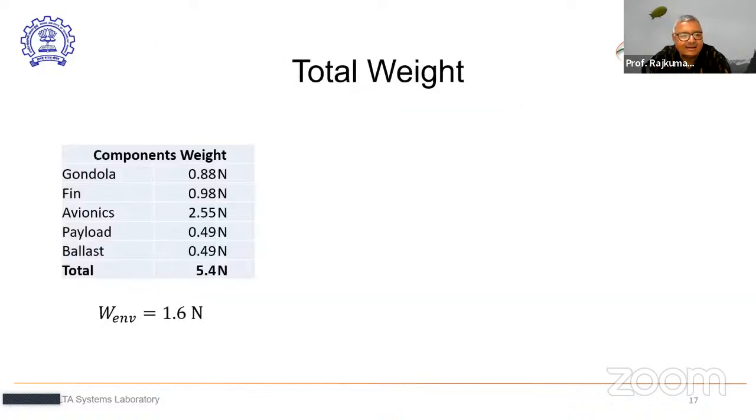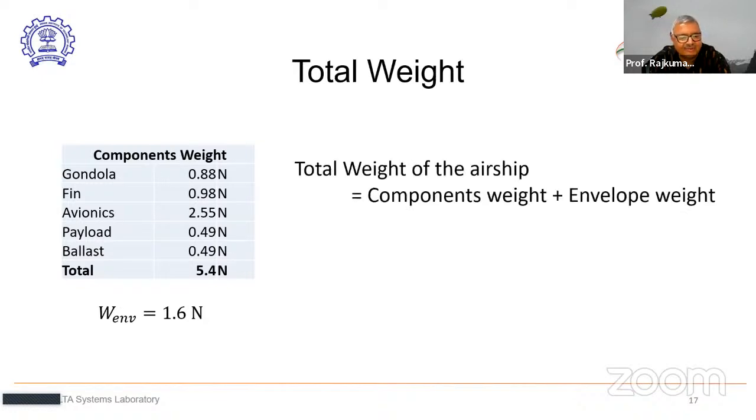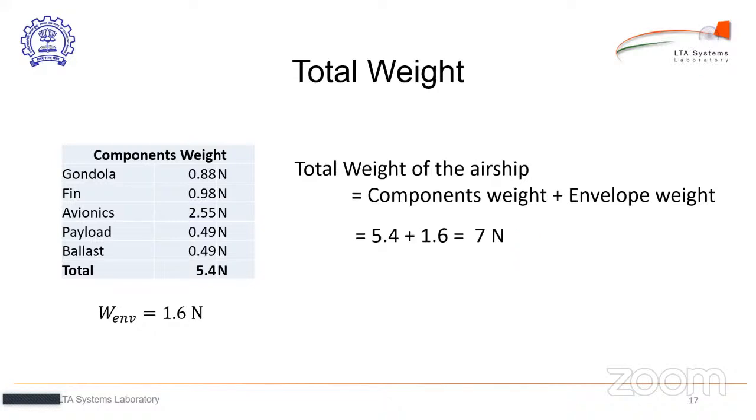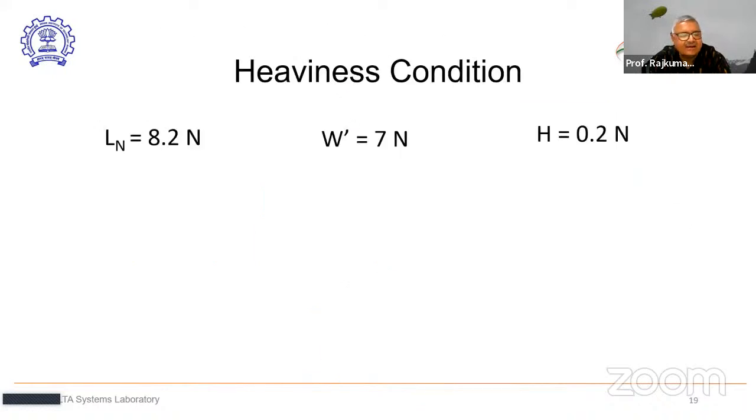So now let us calculate again. 5.4 is the weight of the rest of the system, and the envelope weight is now 1.6 newtons. What is the total weight of the airship then? It's very simple: 5.4 plus 1.6, which is 7 newtons. So let us again check. We have net lift 8.2, weight 7 newtons, and the heaviness required is 0.2.